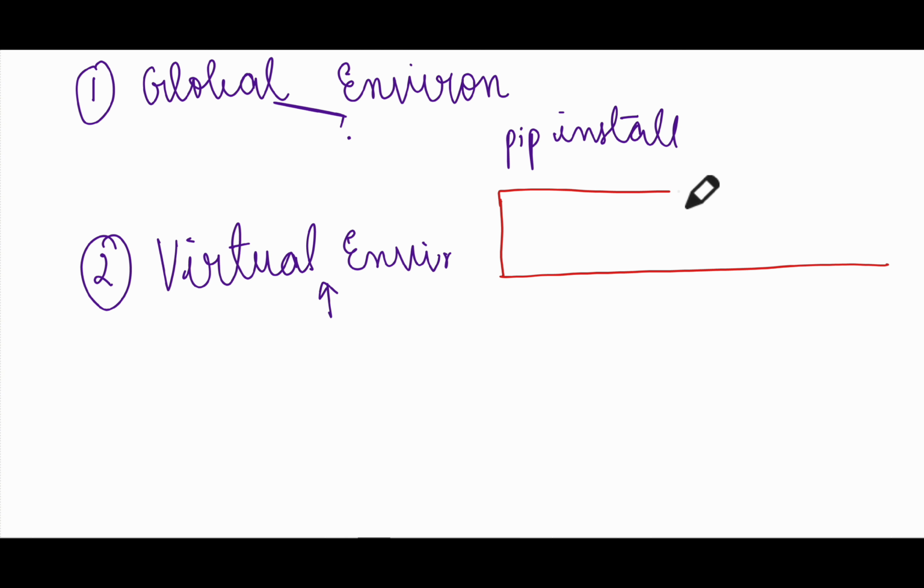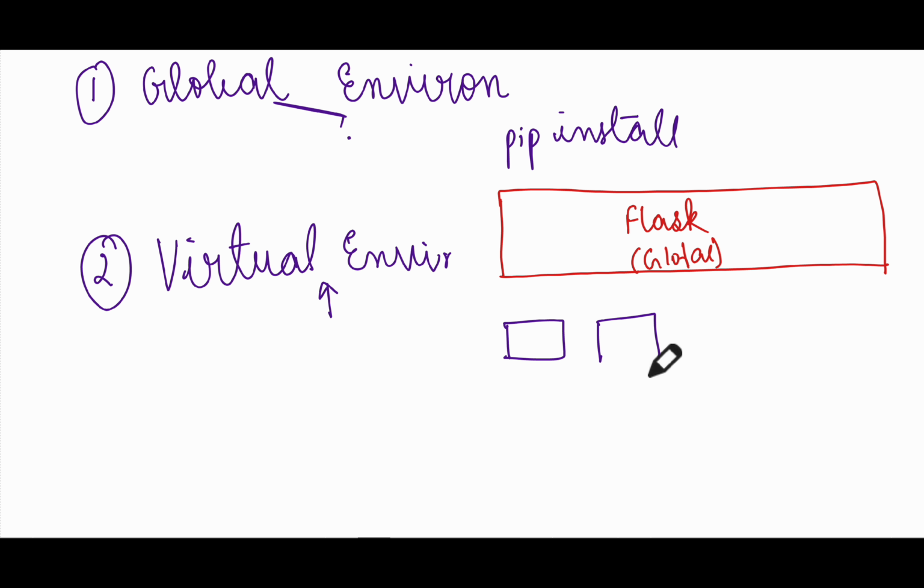Now anything that is installed here, for example, let us say you are using an application called Flask. Now Flask will have multiple versions. This is your global environment, and inside the global there will be multiple small virtual environments running.